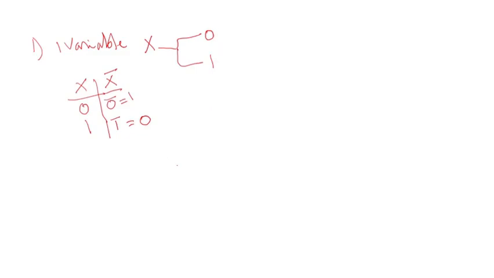The number of combinations is equal to 2 to the power of n, where n is the number of variables. In this case, I only have one variable, so n is equal to 1.